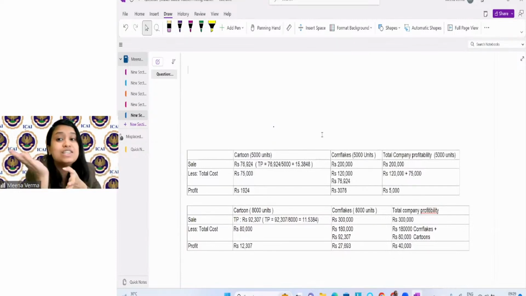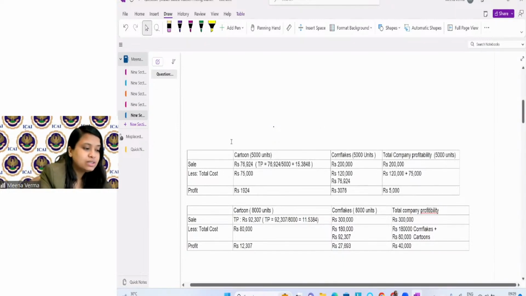The profitability of each division will get impacted, but the entire organization's profitability will never get impacted because of transfer price. It will only impact the profitability of the respective department, right?